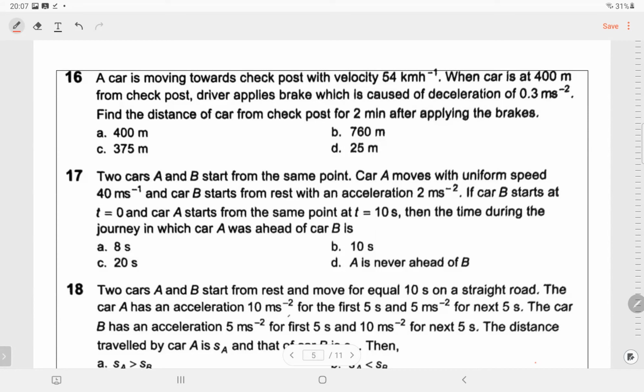So we need to first check whether it is in motion for 2 minutes or not.